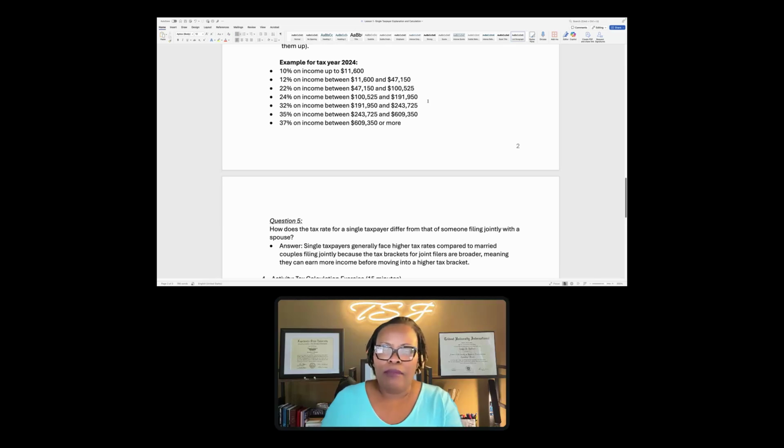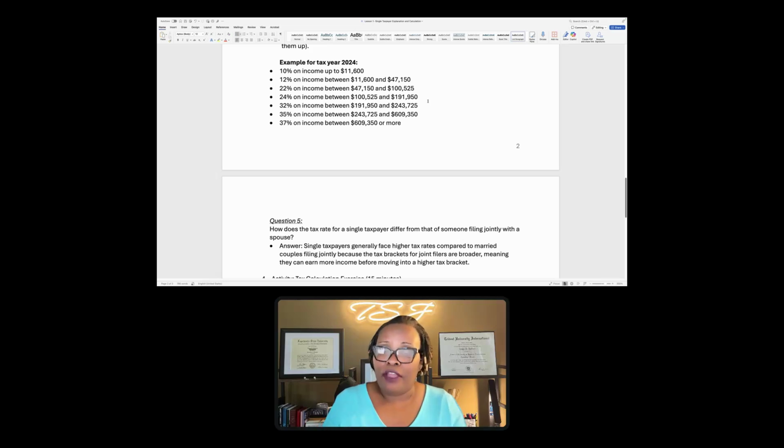Once you hit about the 22% tax bracket, you see, between 47,150 and $100,000 in income, if you're married filing joint, as the tax brackets go higher and higher, the spacing and the gaps in how much money you can earn get broader and broader.